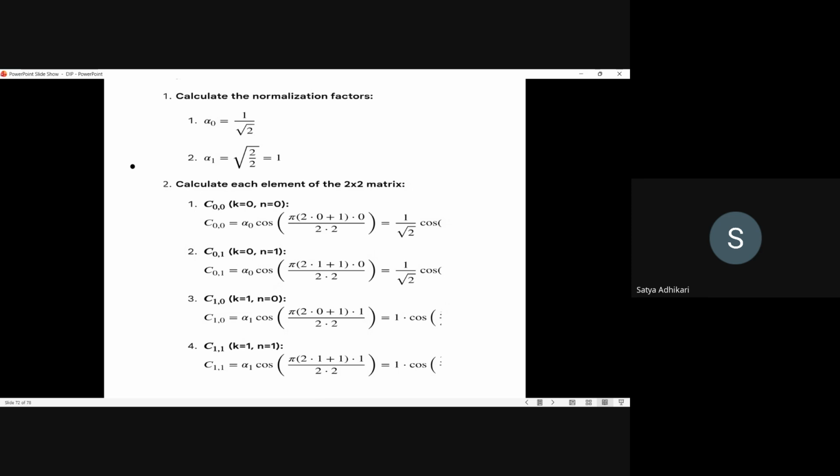So 1 into minus 1 by root 2 is equal to minus 1 by root 2. So the answer of the fourth one is minus 1 by root 2. That is the last value, because cos 3 pi by 4 is equal to minus cos pi by 4, and cos pi by 4 is 1 by root 2. So it gives minus 1 by root 2.